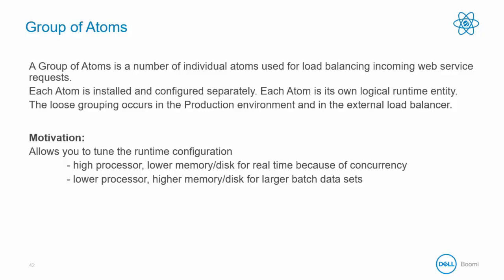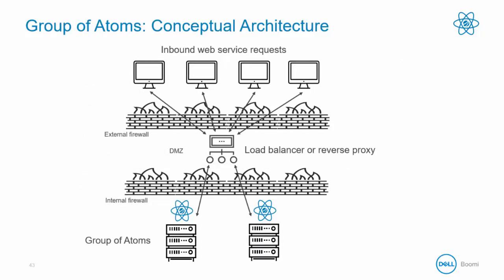You cannot have this level of configuration with a molecule. So a group of atoms can be used for better optimization of critical processing, but requires more configuration, more servers, licenses, and resources.